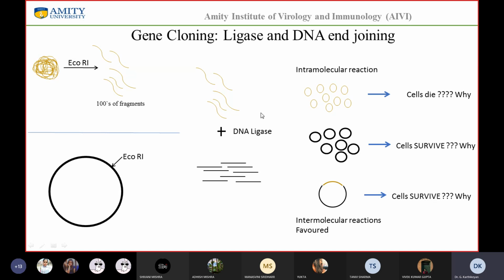In an intramolecular reaction, these DNA fragments can ligate back to themselves. Similarly, this plasmid vector can ligate back to itself. Right? And then in your intermolecular reaction, one fragment from your genomic DNA and one of your vector DNA get ligated and then you have this new product. Is that clear to you?